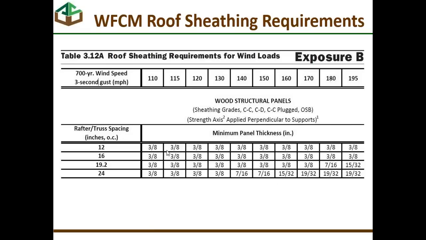So you can see there's not a tremendous amount of variation in panel thicknesses until you get to 140 miles an hour and wide rafter spacing. So there's not a lot of variation necessarily in the roof sheathing thickness requirements for high wind areas.